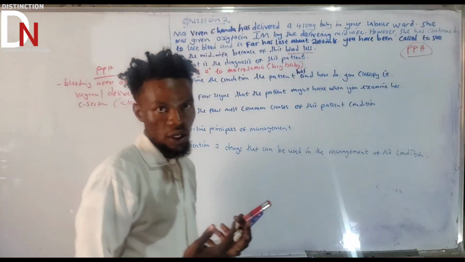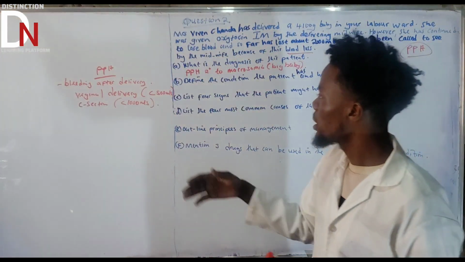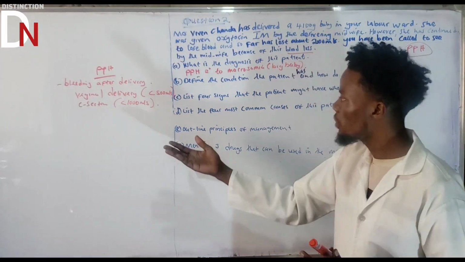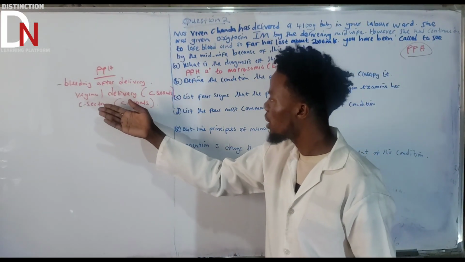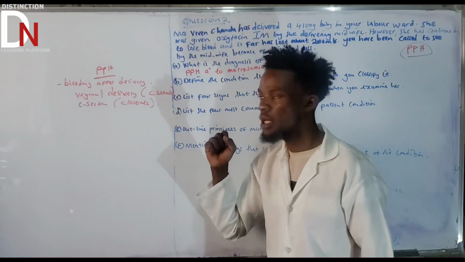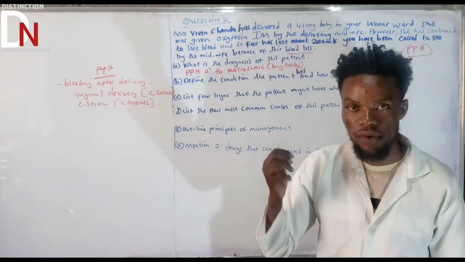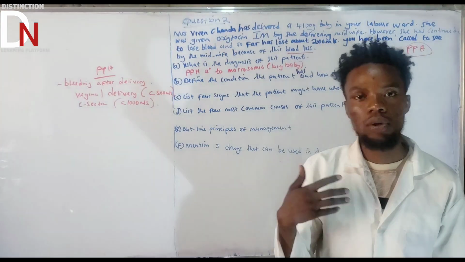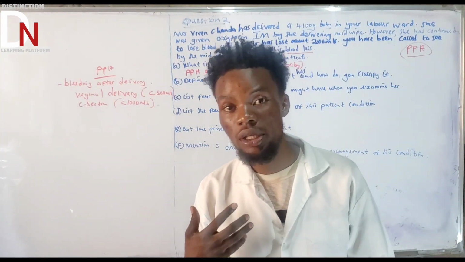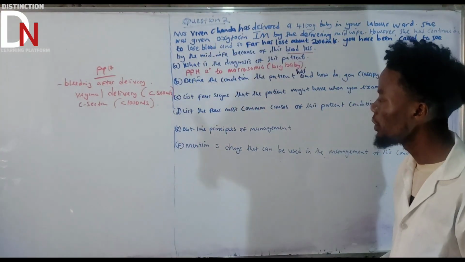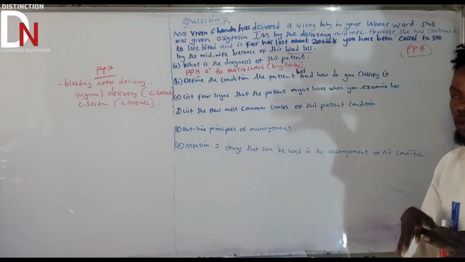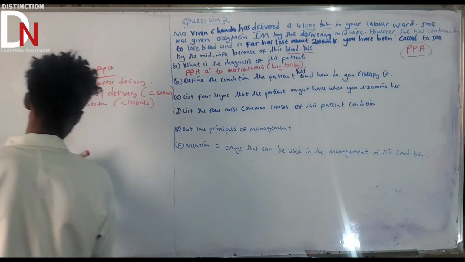So you can say: bleeding after delivery, if it is after vaginal delivery, someone has to lose at least greater than 500 mils, or if it is C-section, greater than 1000 mils of blood loss. Yes, it is acceptable.